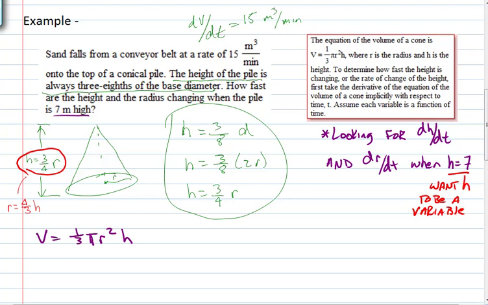Would you agree with that statement? Okay? So then I can take this value right here and I can replace r with it in this equation. You with me? That way I have an equation with only one variable. So now I have the volume is pi over 3 times 4/3 h cubed times h. So far so good?